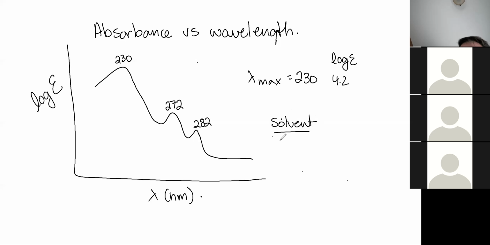For example, water has a maximum at 190 nanometers, which would be the lower end, and hexanes is at like 201. So these are both right at the lower end. So you have to choose a solvent which isn't going to absorb in the area that you want your sample to absorb in.